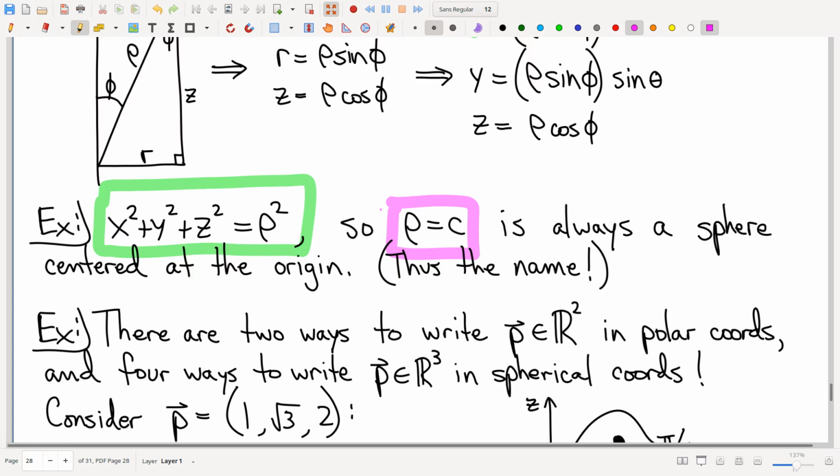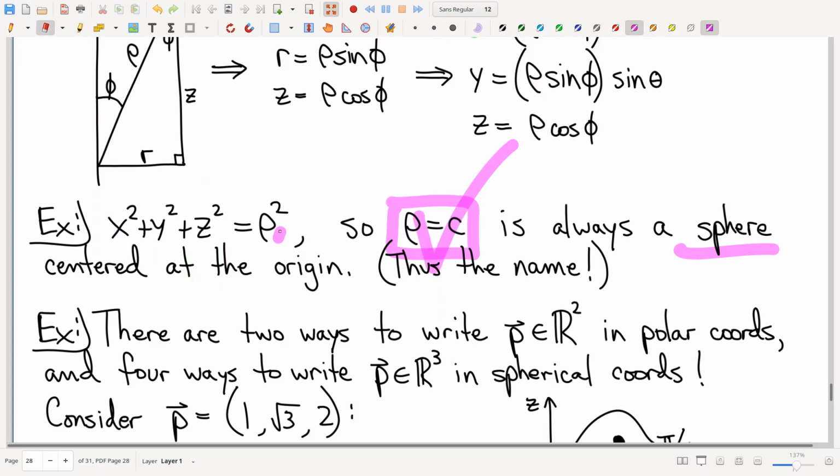They get three-dimensional. So pretty clear how to write the equation of a sphere. Of course, I think this is also pretty geometrically satisfying. After all, rho equals c pretty much tells you distance from the origin is a constant. That screams sphere. Okay, thus the name spherical coordinates.